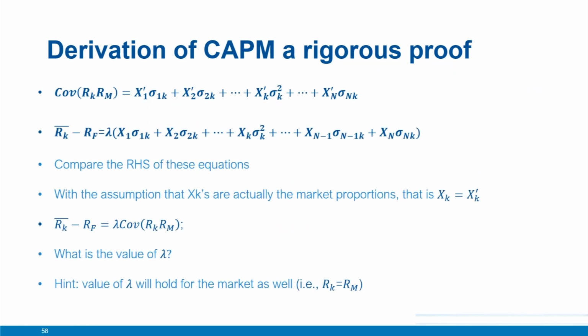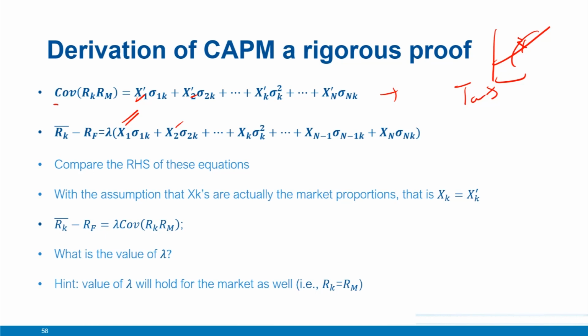But with the CAPM assumption, these x1 dash are the same as x1. The CAPM assumption is that in the tangency portfolio, the ratio of individual security investments is the same as in the actual market. That means x1 dash is equal to x1, x2 dash equal to x2, and so on.